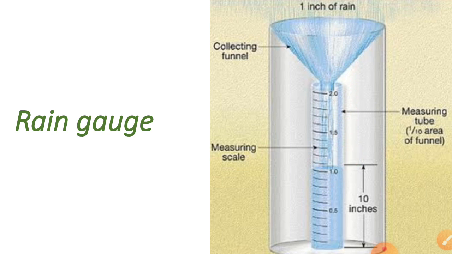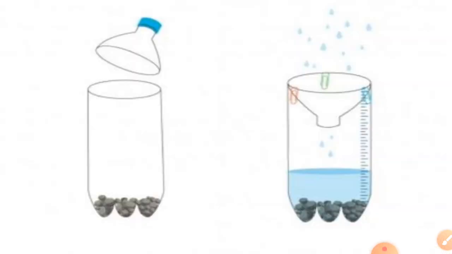And you can also make it at home, and this is the rainy season, so you can do this activity at your home. This is a very simple activity. Take one bottle and cut the top of the bottle, and remove its cap, its lid, and fill stones and gravel in the bottom of the bottle, like this design.